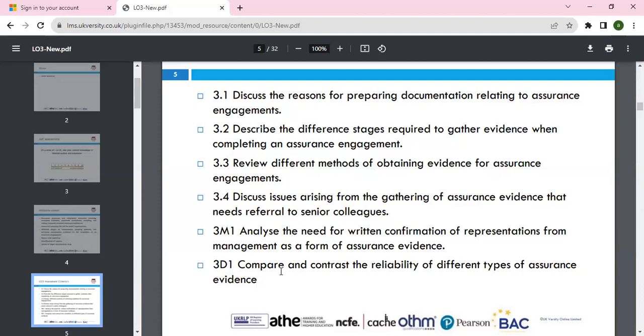We discuss the issues arising when gathering evidence, which can be materiality and various other issues, and sampling and testing and the different types of tests used to get the evidence. Analyze the need for confirmation and representation from management as a form of assurance. Compare and contrast the reliability of different sources of assurance. Reliability: who is saying it? What is reliable information? The bank statement is more reliable because the money comes in and out.